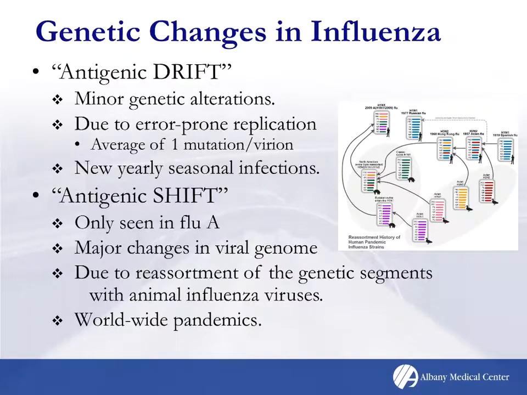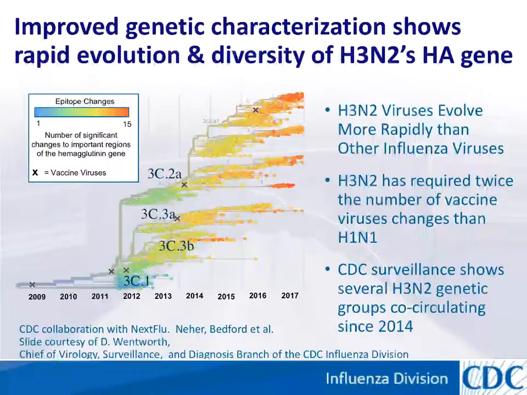And this is with major changes in the viral genome due to reassortment of the viral gene segments, and particularly with reassortments between animal and human viruses, so that now there's a new virus that humans had not seen before and would not have had an immune response, so that they can then cause worldwide pandemics.